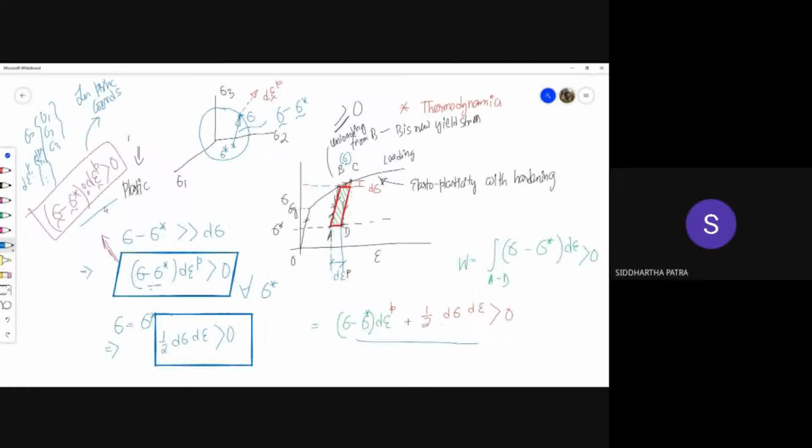So again that becomes a dot product. Here we are talking about this sigma minus sigma star in principal coordinates taking the dot product with d epsilon p, which is always greater than or equal to 0. That is, it is always non-negative.